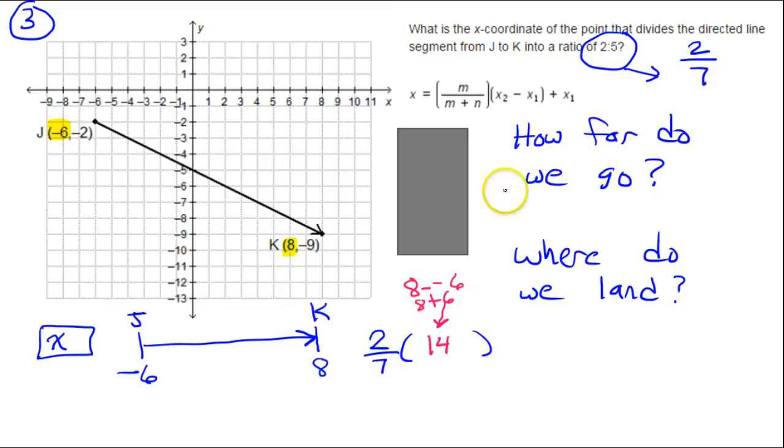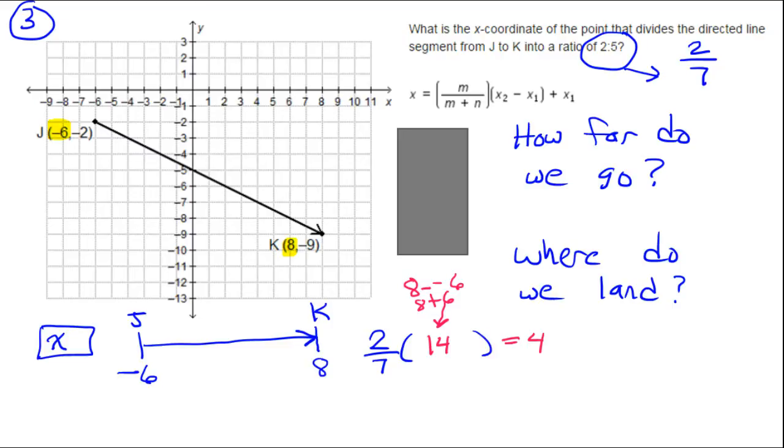So I'm answering the question, how far do we go? I'm going to go 2/7 of the total distance of 14. Now I know that this is going to be 4.